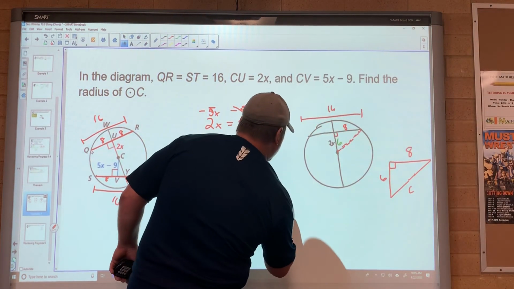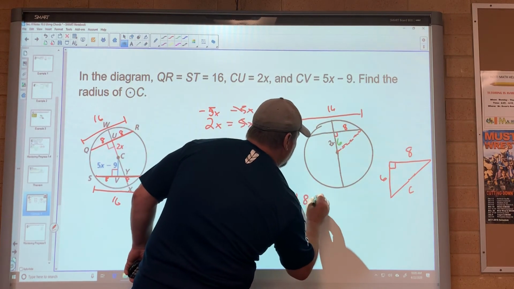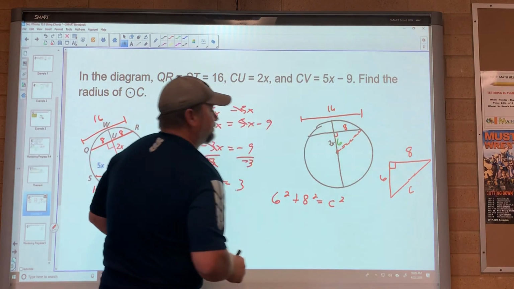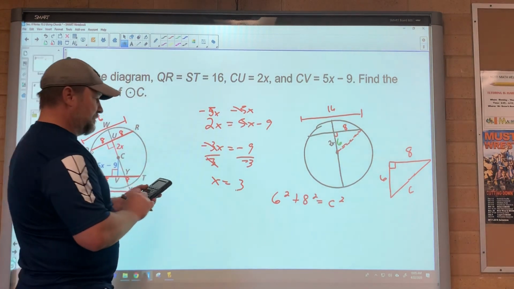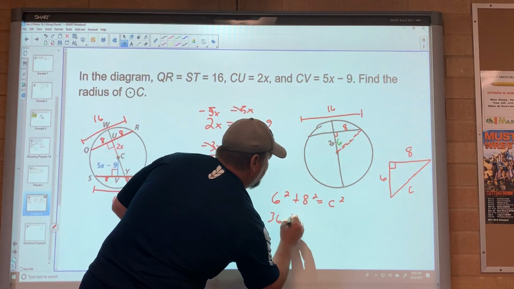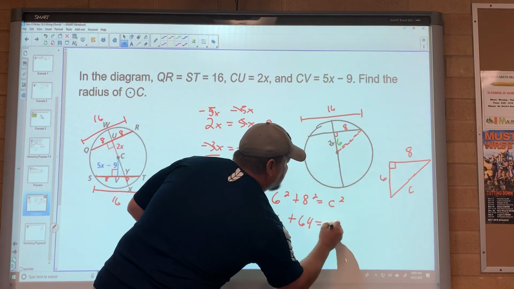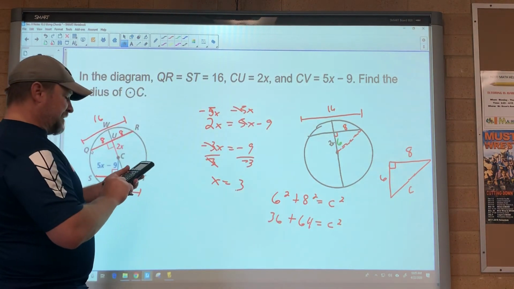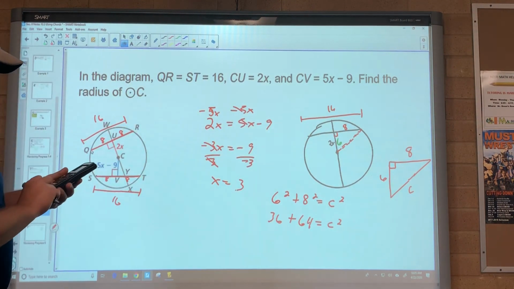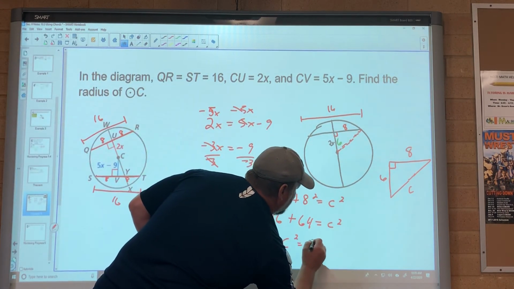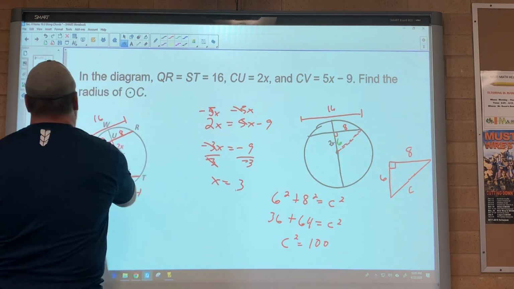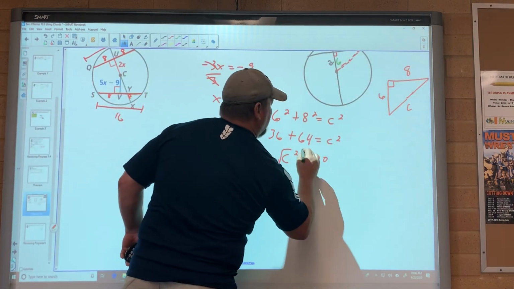Okay? So 6 squared plus 8 squared equals C squared. So 6 squared is 36 plus 64 equals C squared. 36 plus 64 is 100. And the square root of 100, C equals, move that down a little bit, square root.